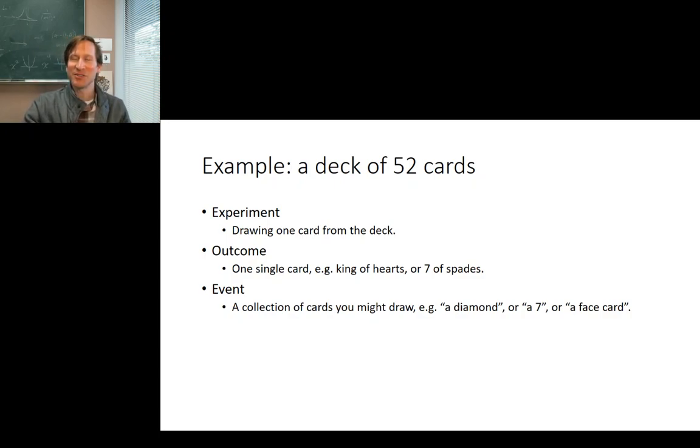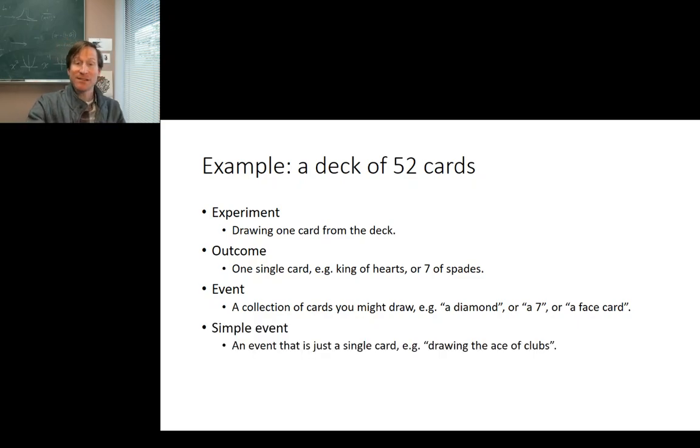Some collections of cards are easier to describe than others. So for example, one event might be drawing a diamond, or drawing a 7, or even drawing a face card. Other events are harder to describe, like saying drawing the 7 of clubs, or the King of Hearts, or the Ace of Diamonds.